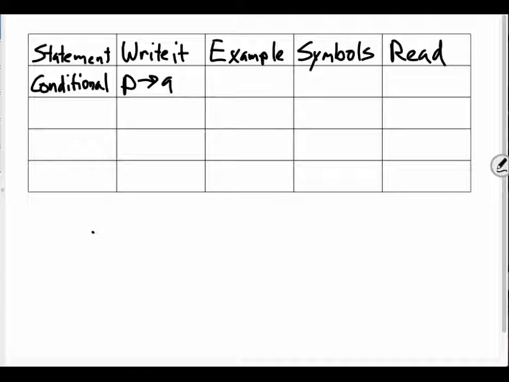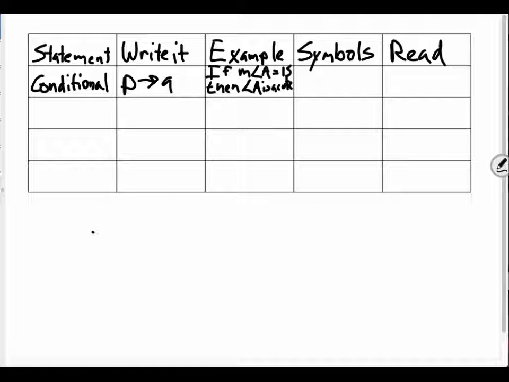And an example of that would be like if the measure of angle A equals 15, then angle A is a cube. Okay? I know it's kind of hard to see my writing there.